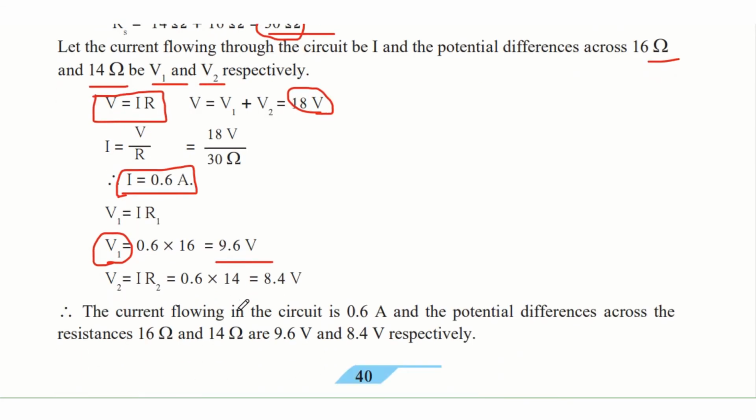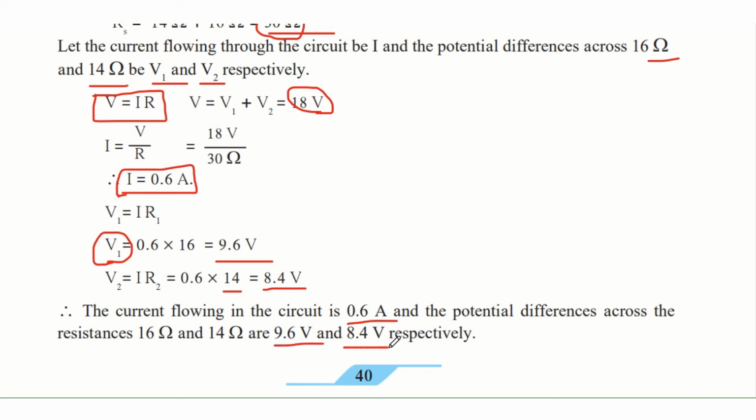And similarly, we can also find V2 by doing V2 is equal to I into R2, 0.6 into 14, and when you multiply it we get the potential difference across R2 being 8.4 volt. Therefore, the current flowing in the circuit is 0.6 ampere, and the potential differences across the resistances 16 and 14 ohm are 9.6 volt and 8.4 volt respectively.